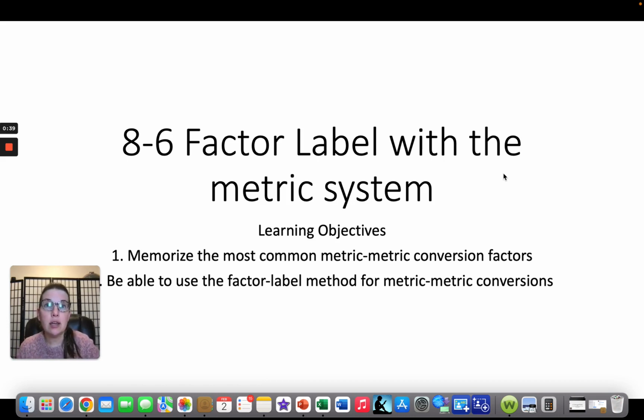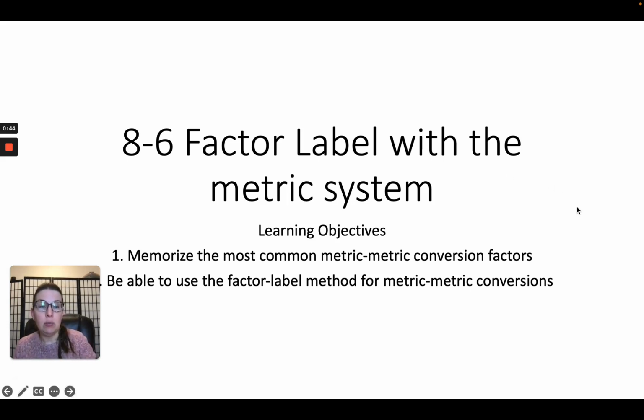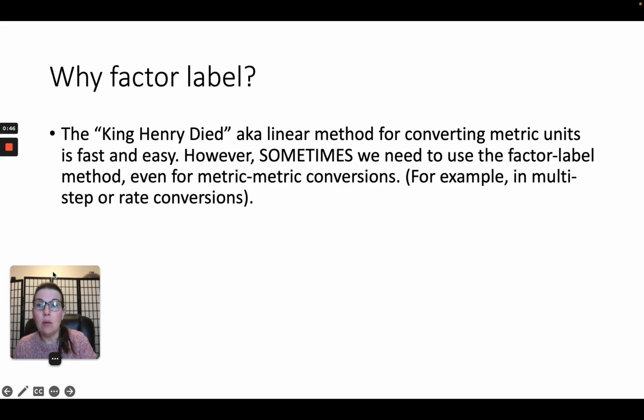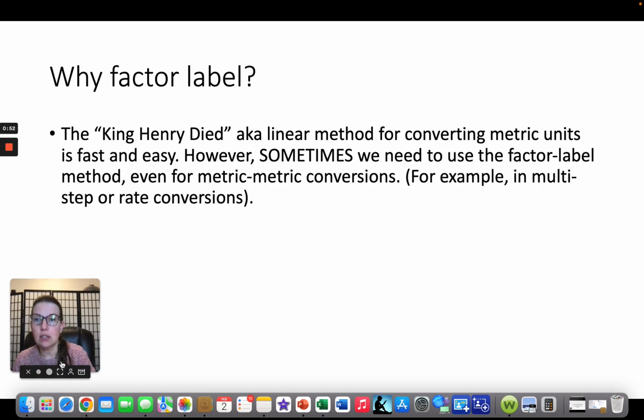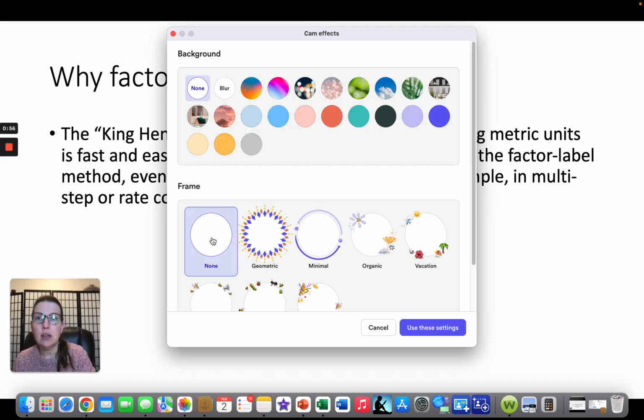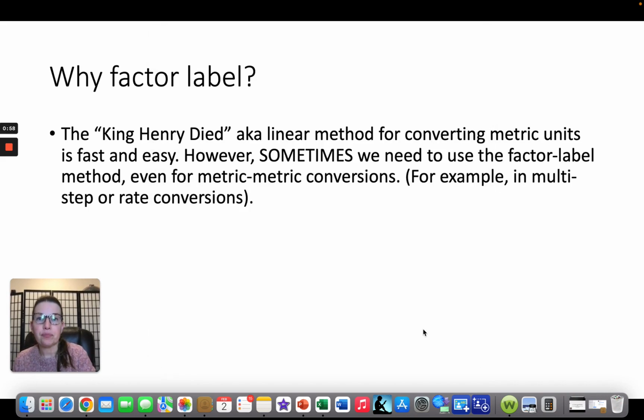However, there are times when it is useful to use the factor label method with conversions that only involve the metric system. One of those reasons would be that we do multi-step conversions.